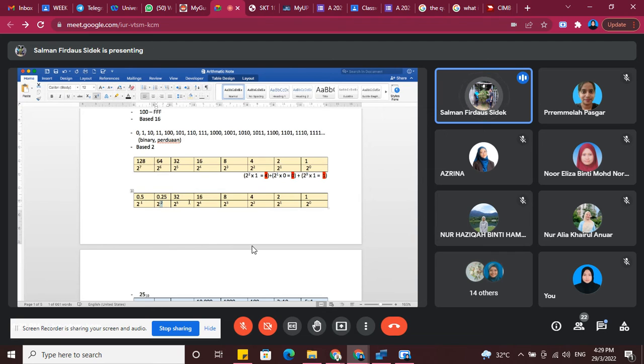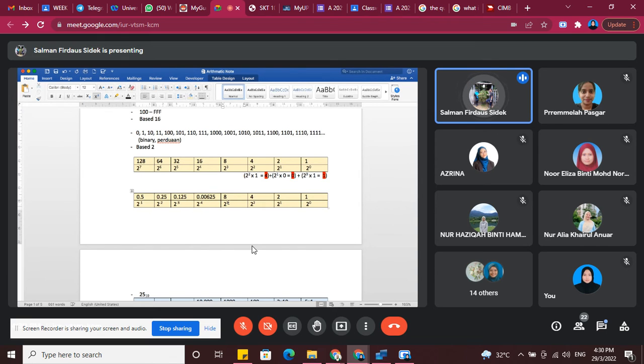Ini untuk nombor-nombor sequence. Kemudian 2 kuasa negatif 3 berapa? 0.125. And then 2 kuasa negatif 4, 0.0625.